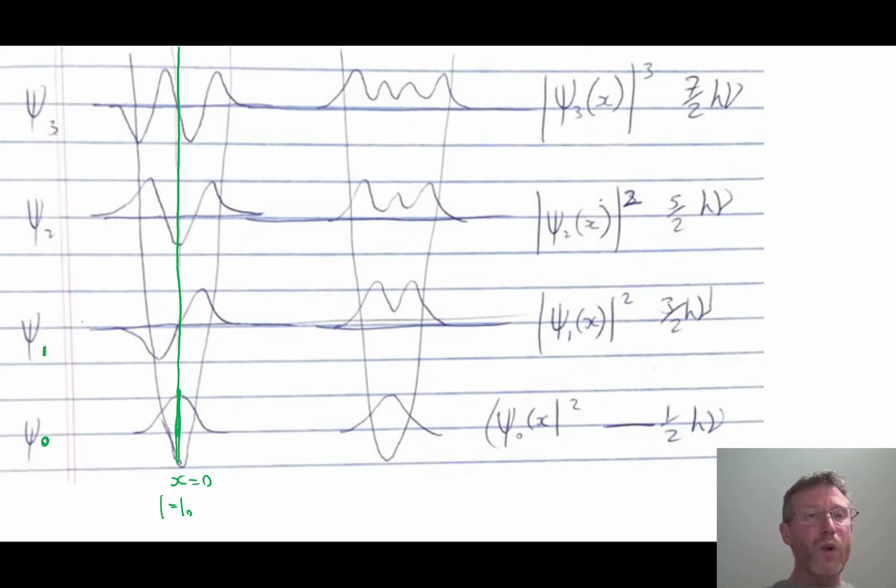We're going to notice there's one node in here when the vibrational quantum number is equal to 1, and we've got 2 nodes in here when the vibrational quantum number equals 2. So these are a couple of things that we can start to see immediately when we start looking at these curves.